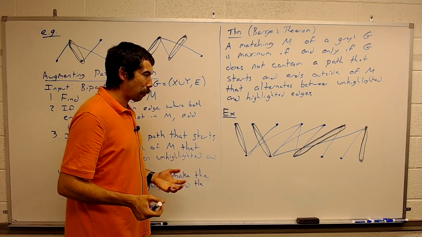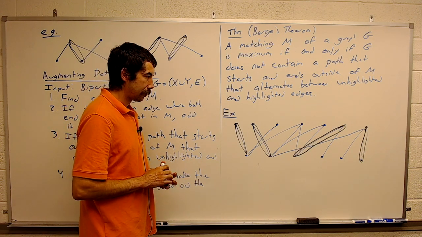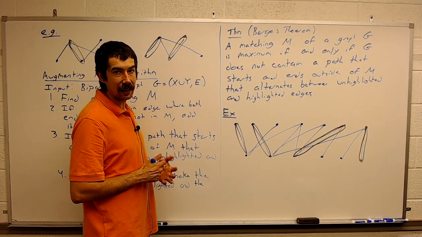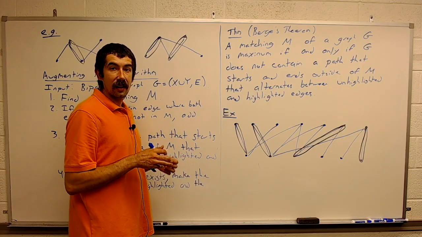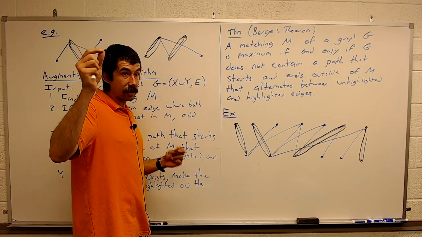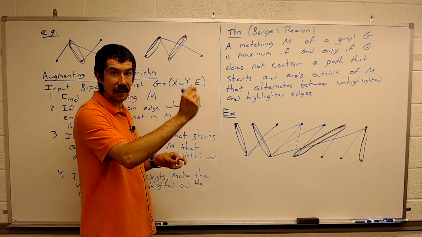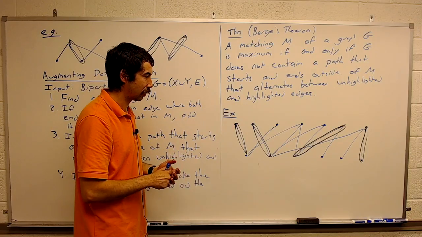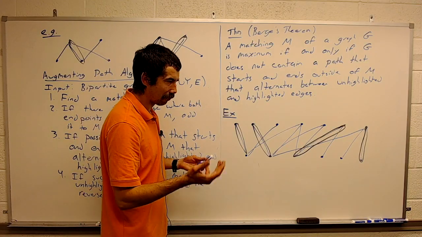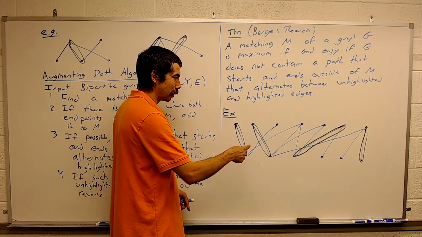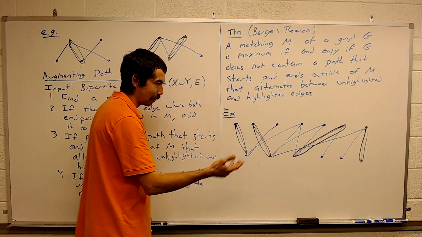And so now what we're going to try to do is find a path that starts and ends outside of our matching that goes unhighlighted, highlighted, unhighlighted, highlighted. And then we'll keep searching for those, and then we'll toggle them, I mean.